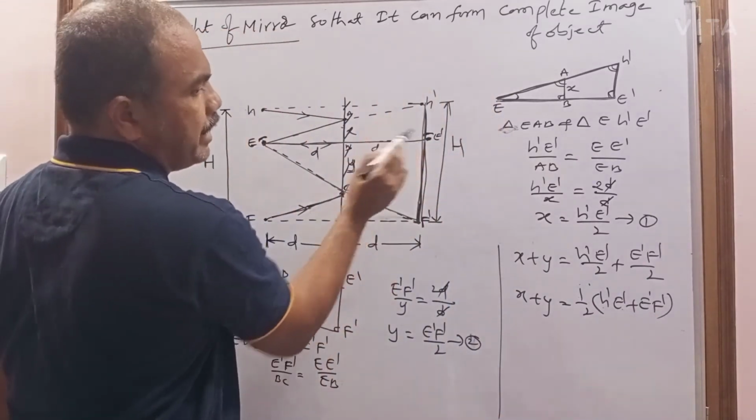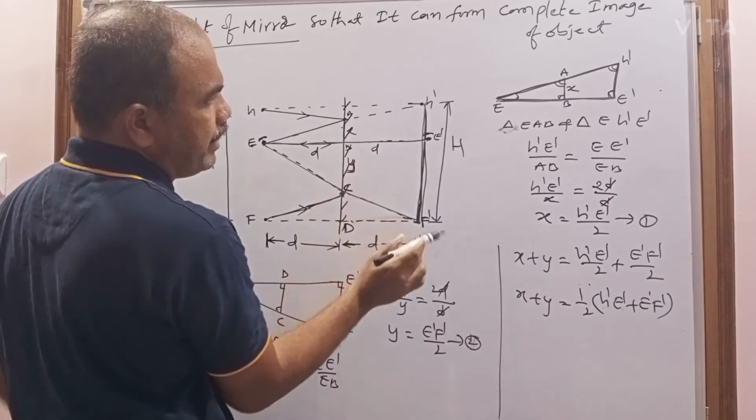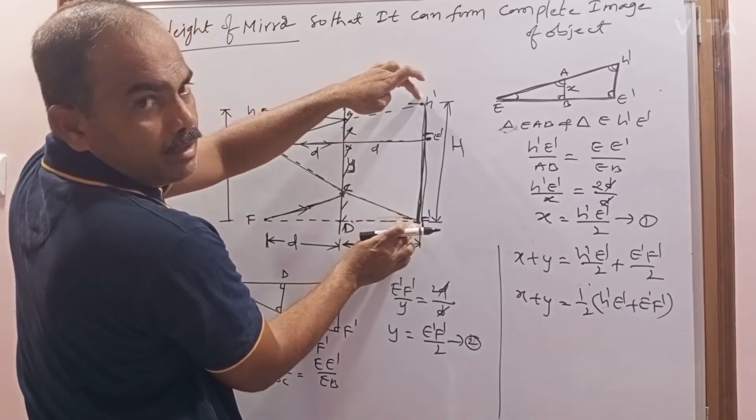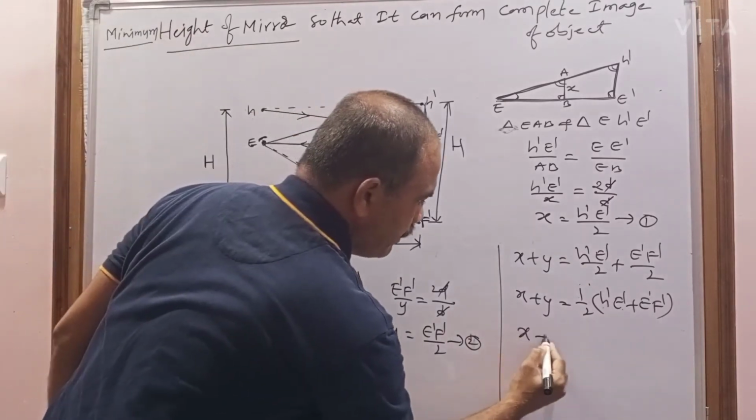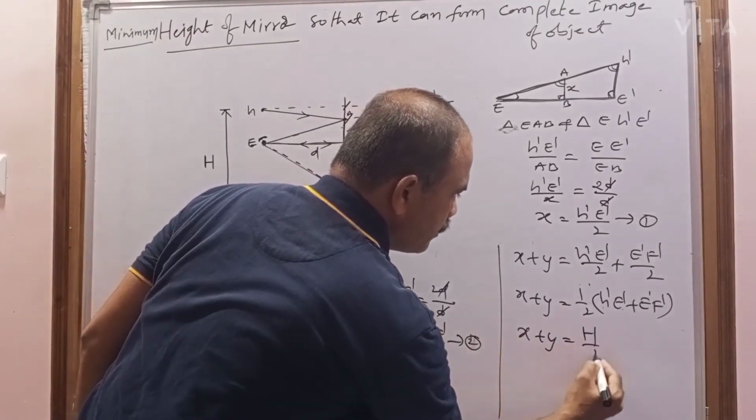So H dash E dash plus E dash F dash is nothing but the total height of the person. That's why x plus y equal to h by 2.